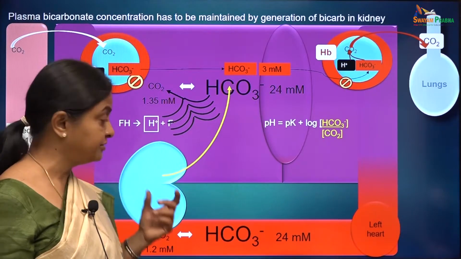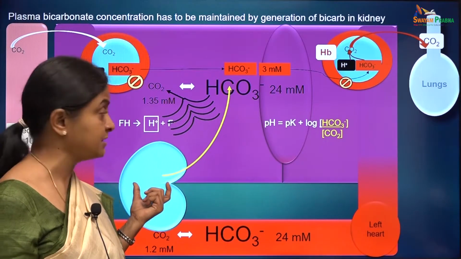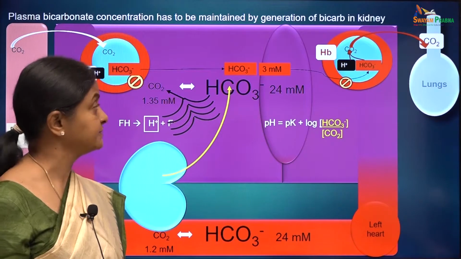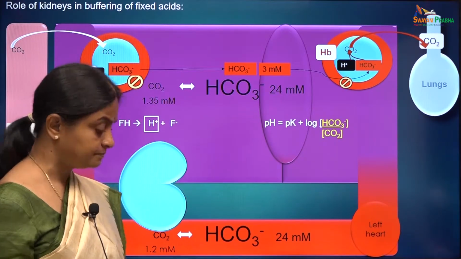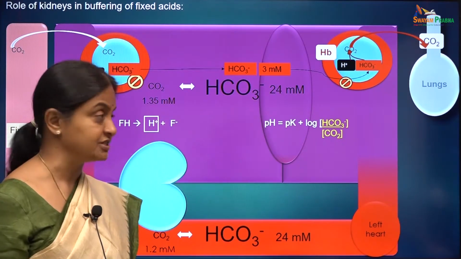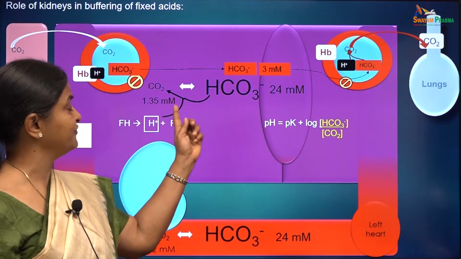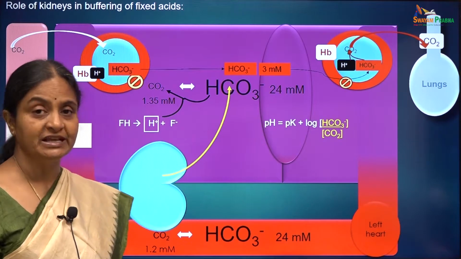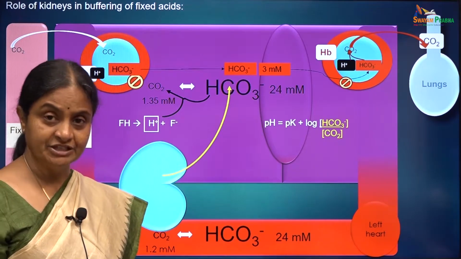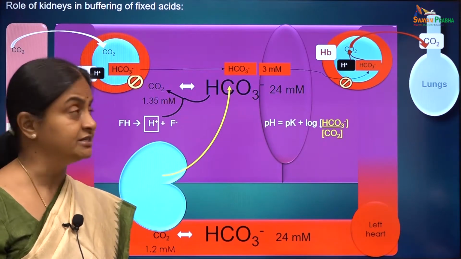There are actually three roles that the kidney plays to handle the fixed acids. What are these? One is what we saw just now, that the bicarbonate consumed by the fixed acid protons is replaced by the kidney by generation of fresh bicarbonate in the distal tubule.